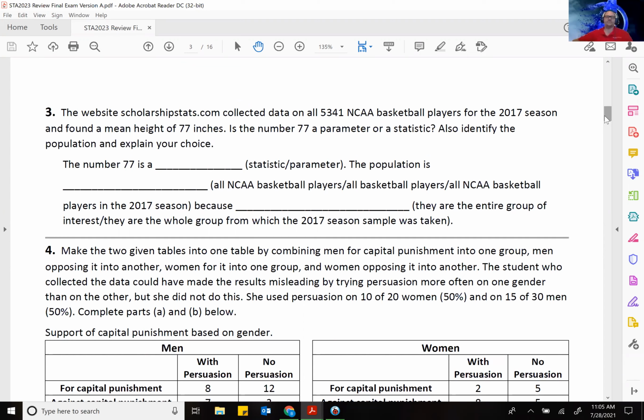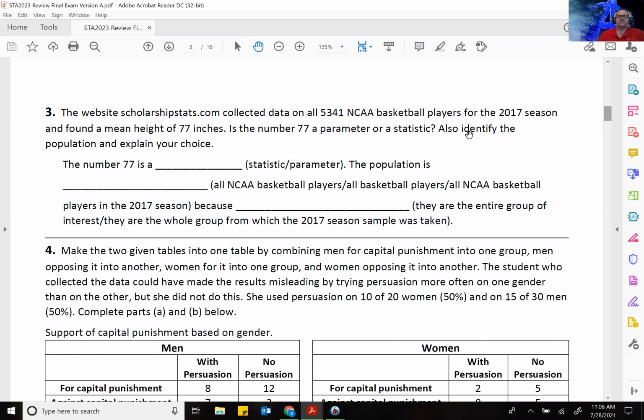So the website, scholarshipstats.com, collected data on all 5,341 NCAA basketball players for the 2017 season and found the mean height of 77 inches. Is this a parameter or a statistic?